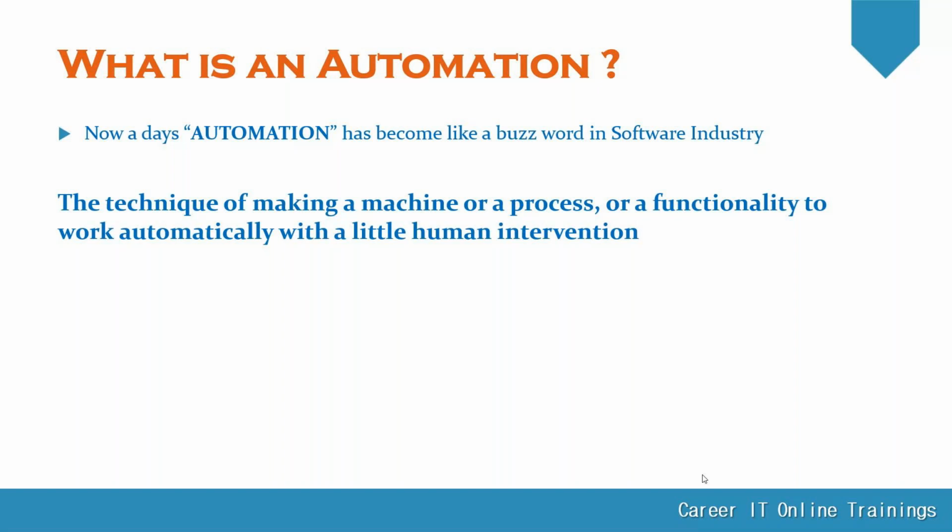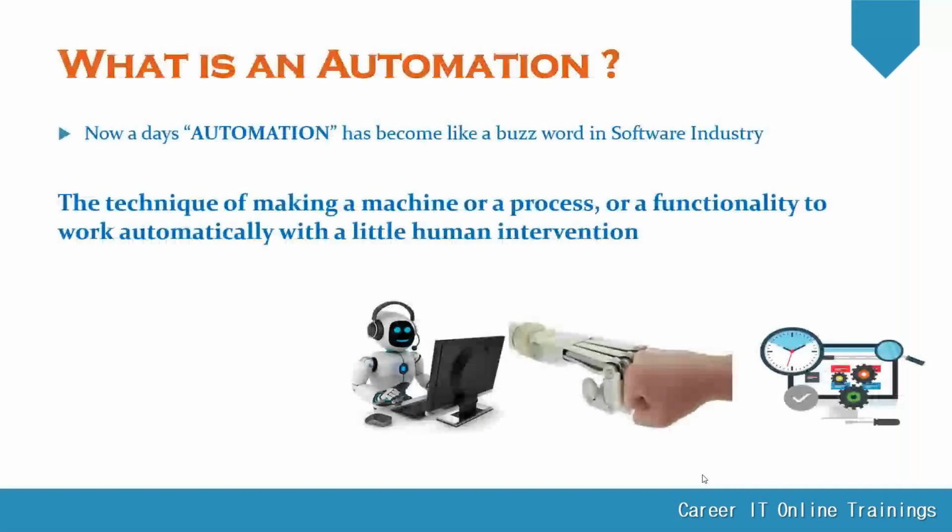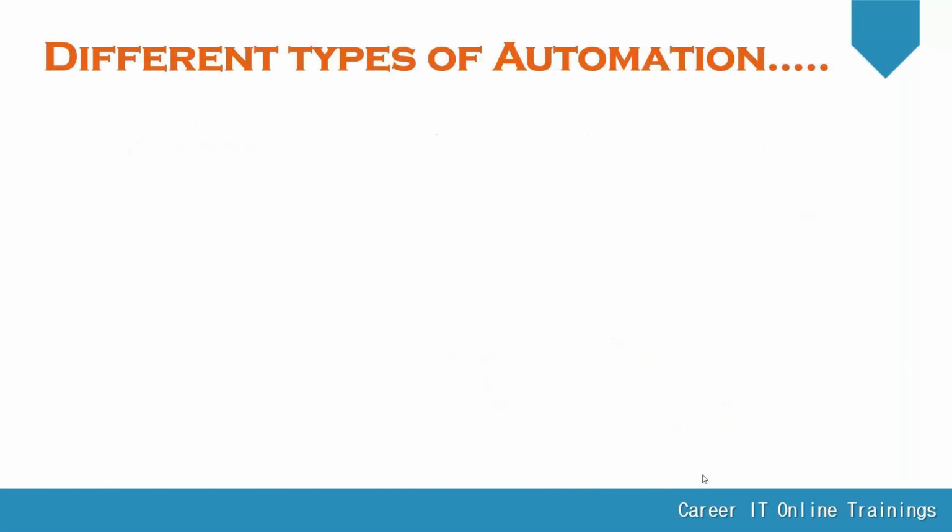So test automation is using one software to test the functionality of another software. What is the use of doing that? We can avoid human interference. No need to deploy a human being for each and every work; instead, we use software to do those things.